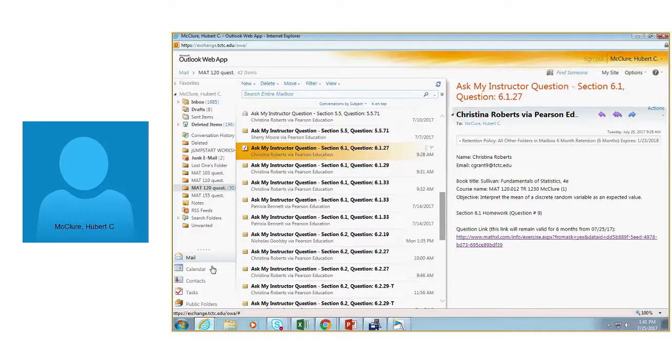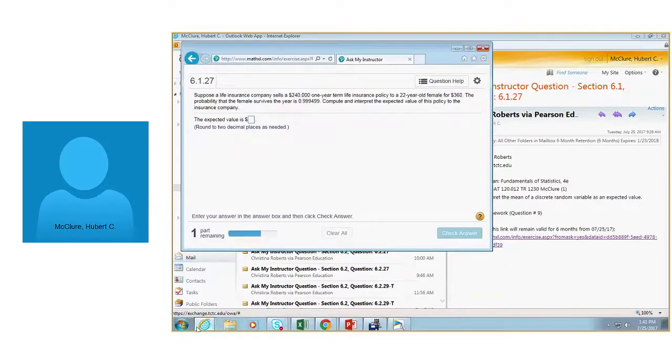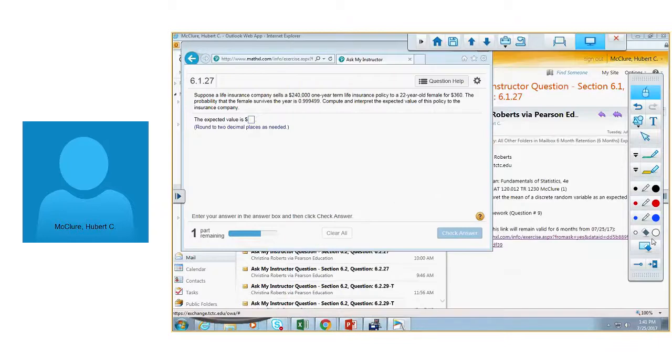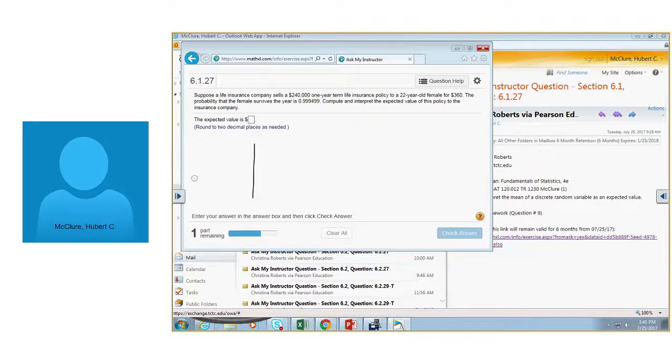This is called expected value. Remember I told you we did one in class and it's not a big deal, but hold on. Trying to find my whiteboard. So that's where you draw basically a table.